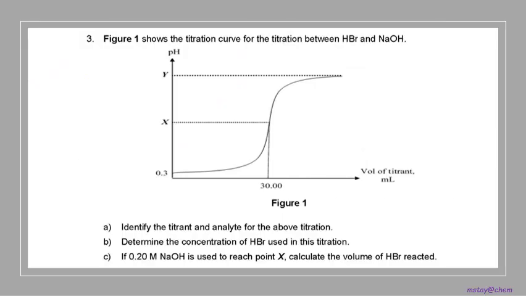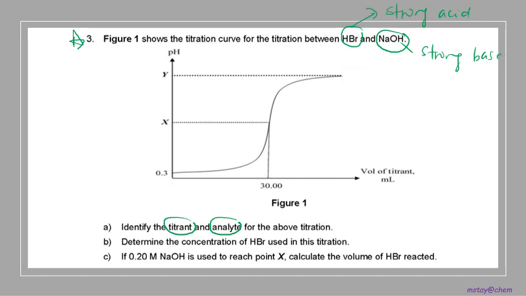Now let's proceed to tutorial question number 3. Figure 1 shows the titration curve between the HBr and also NaOH. As we know, HBr is strong acid, NaOH also is a strong base. Identify the titrant and analyte for the above titration.